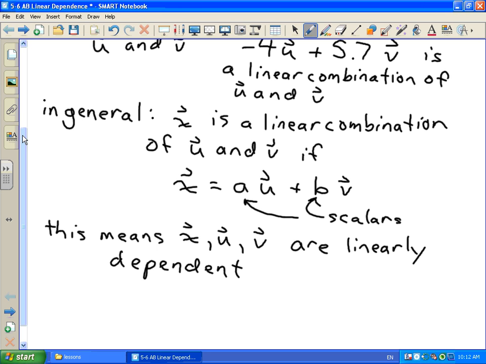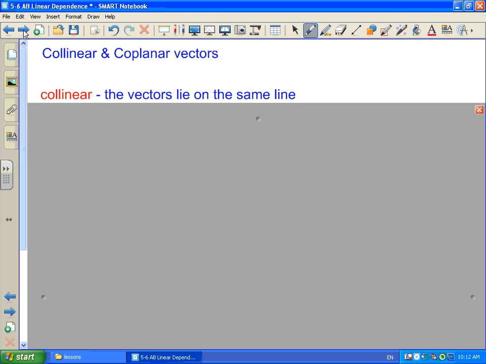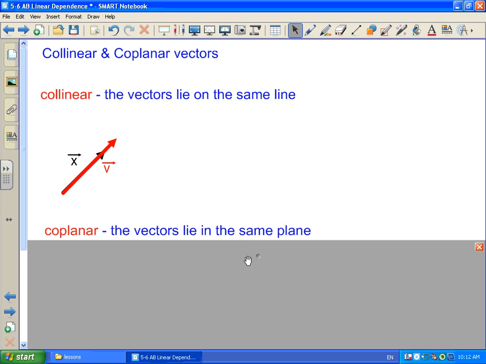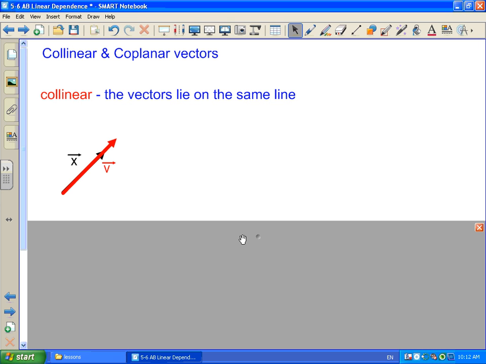The next terms that the textbook uses a fair bit are collinear and coplanar. Now, collinear, we've encountered a little bit before. Collinear just means that the two vectors are on the same line. So here I've got two vectors, x and v. These are clearly collinear because these two vectors are lying on the same line.